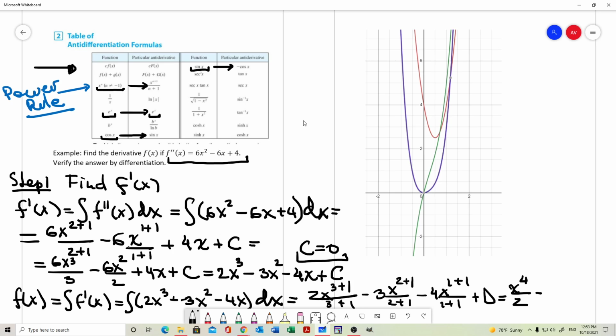minus 3x cubed over 3, or minus x cubed, plus 2x squared plus some constant D. Now we can easily confirm the results by differentiation.